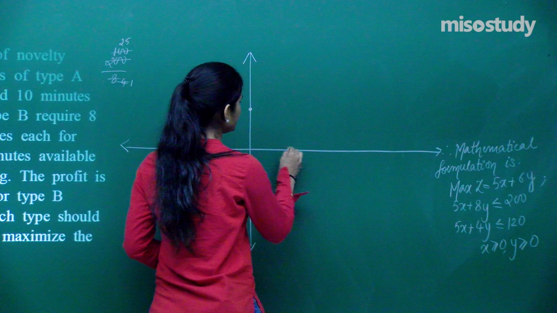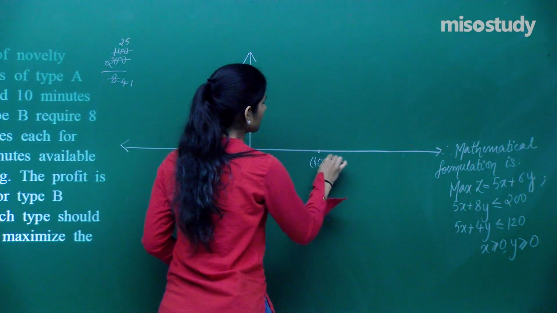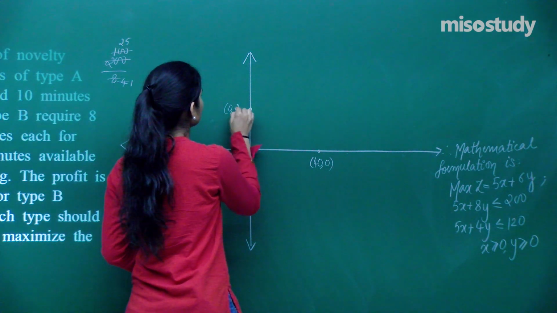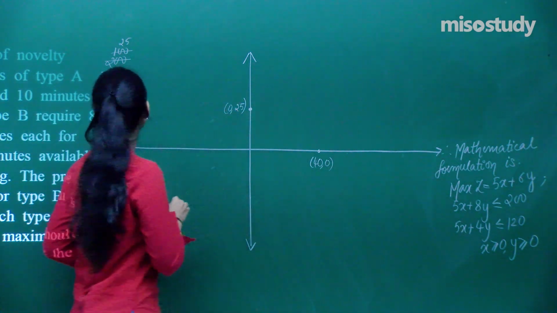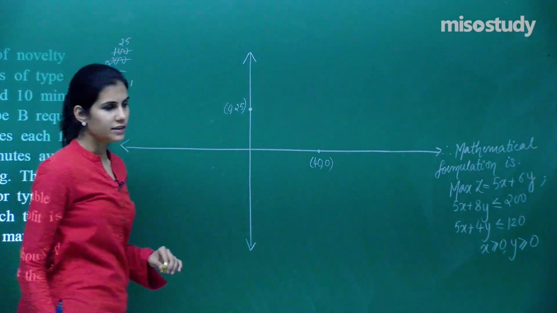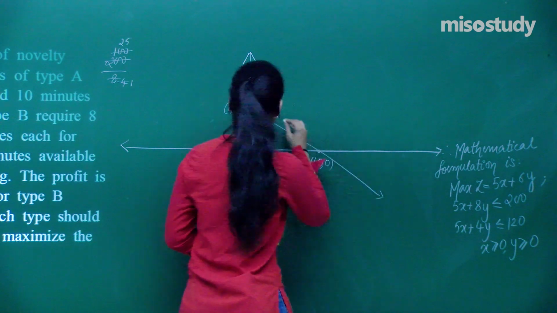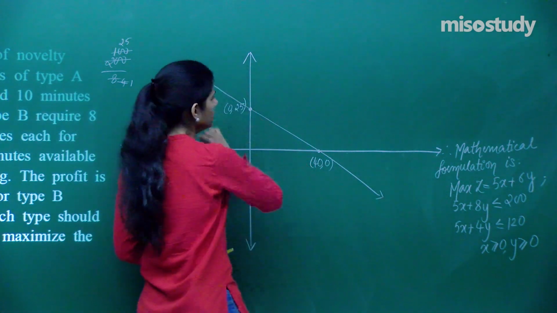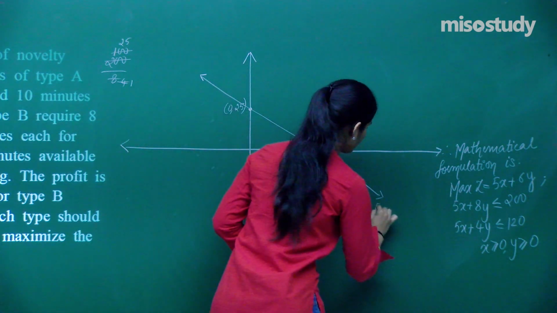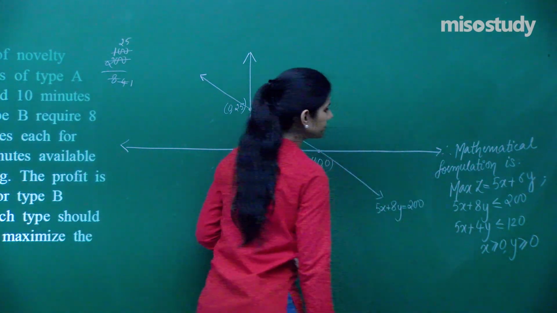This is 10, 20, 30, say this is 40. And this is 0, 25, because you can see 200 upon 8, yeah, 25. And therefore, when you join these two, this is the equation of the line 5x plus 8y equals 200.